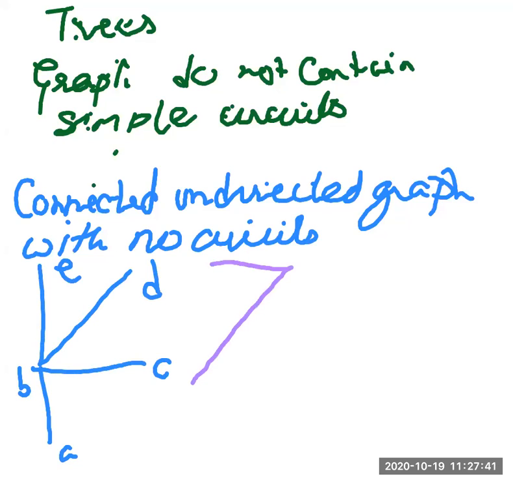So let us say A, B, C, D, E, F, and G. There are no circuits here, so we can say that it is a tree.